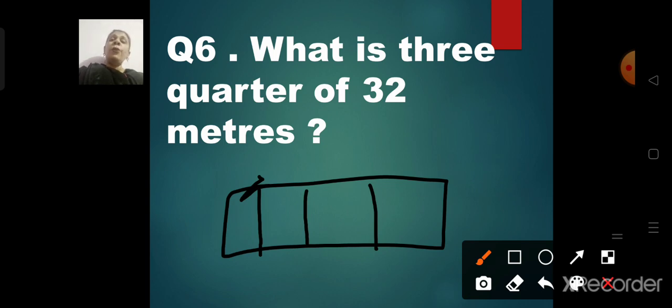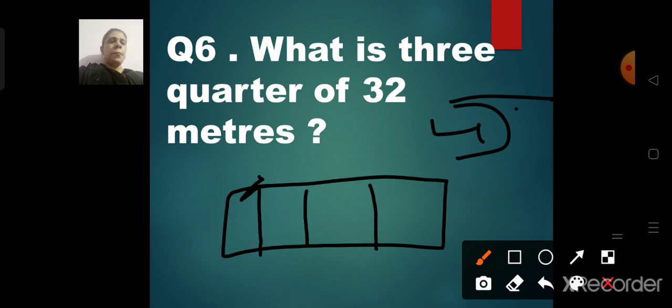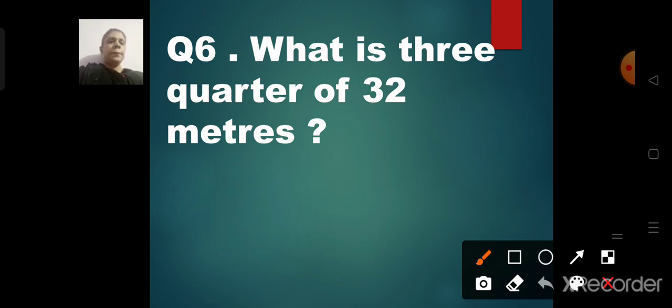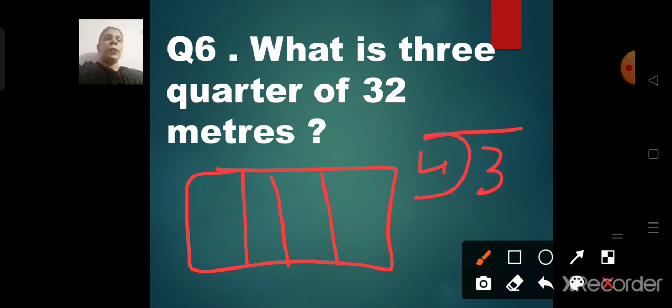Now we will divide 32 by 4. 4 parts we have divided. Now we will divide 32 by 4.